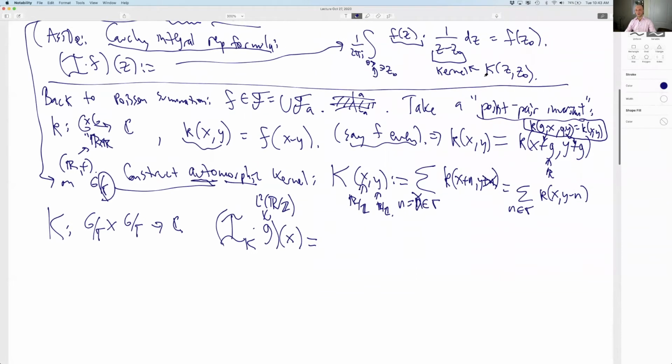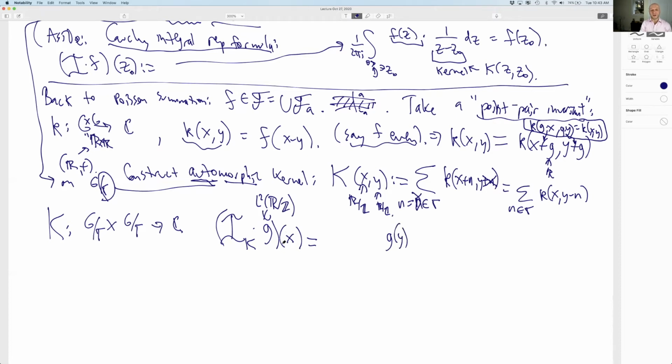We took this kernel of z0, integrated against f of z, and that gave us the value at z0. We're integrating out z. Do we take y to equal something and then let x vary? I should have flipped it, but something like that, right?